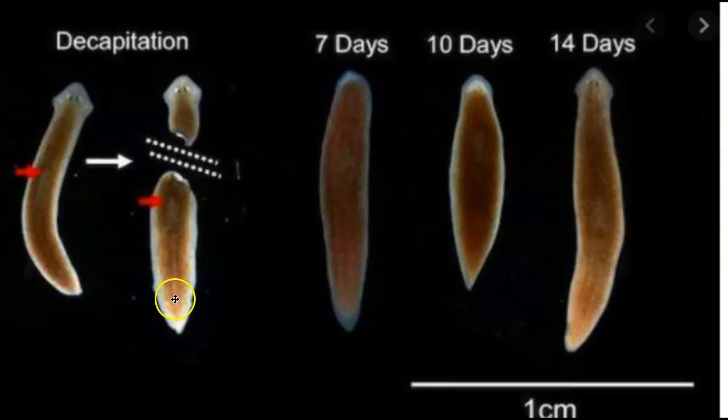So we see here the body of this flatworm starts to grow after 7 days. We see a new head forming after 10 days. And after 2 weeks, we have a fully developed another flatworm, which is an identical copy of the original flatworm. In the same way, this flatworm's head that was decapitated will grow a new body. This is called fragmentation.